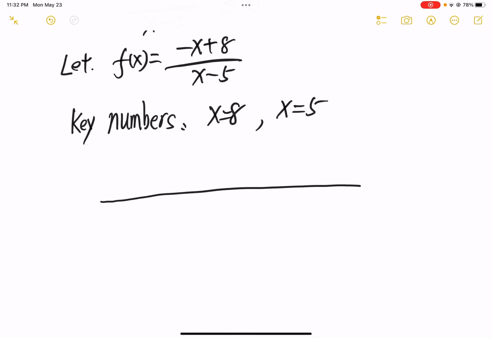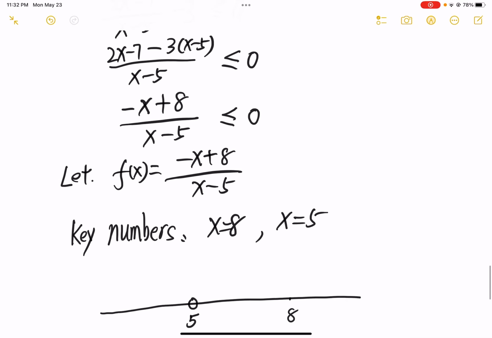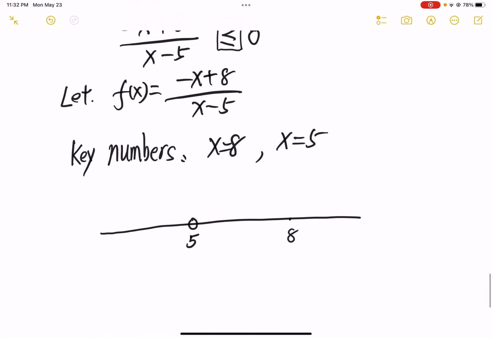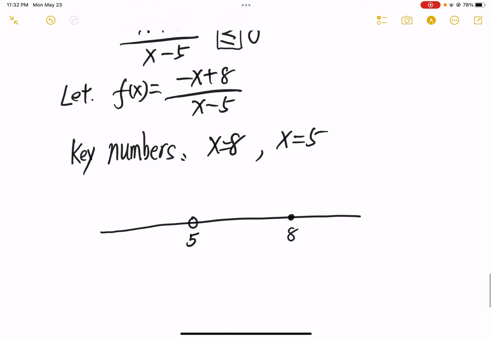So 5 must be a circle here. As for 8, whether it is a circle or not depends on the inequality. This inequality is less than or equal to, so it could be 0, and this point should be included.